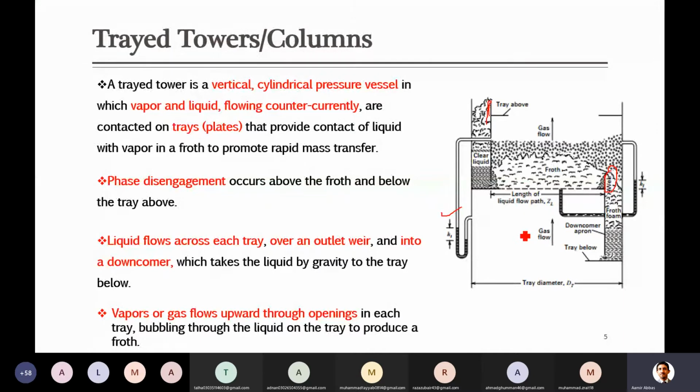So those vapors will be hindered as well if there is a huge flow rate of the vapor at some time. Huge in terms of there being a large amount of vapor putting more pressure. So in that case, the liquid will not flow down. So in such kind of column where there are trays, there should always be some path for the liquid to come towards the down plate, and that is provided through this downcomer. Otherwise, there is no other option.